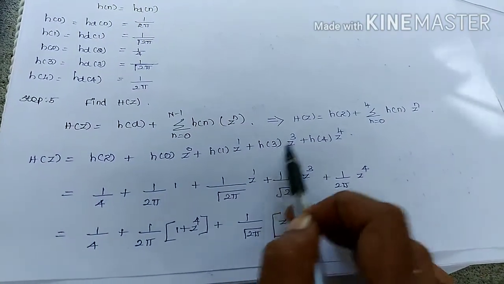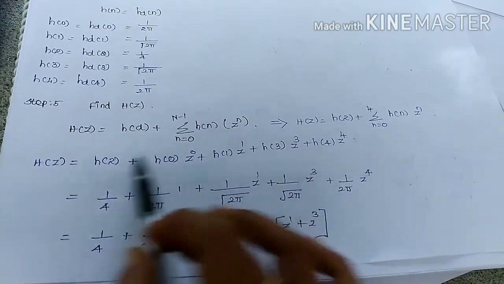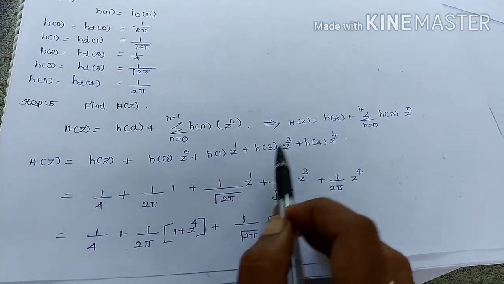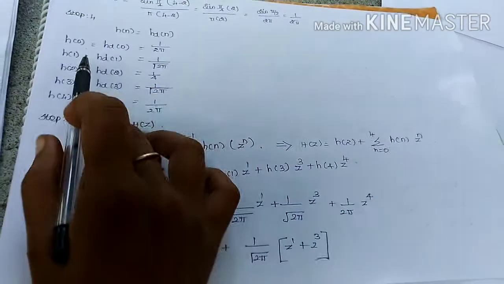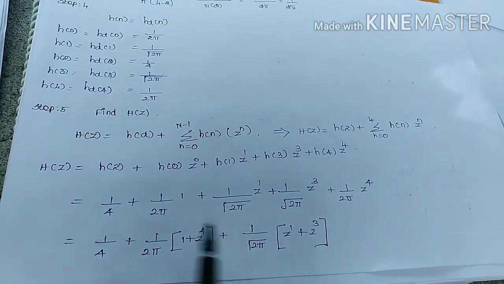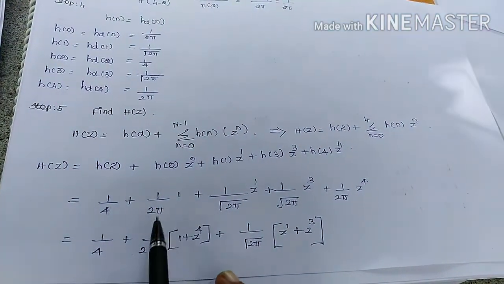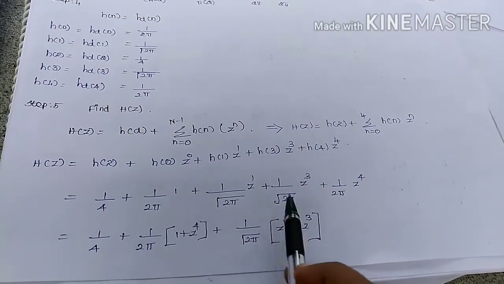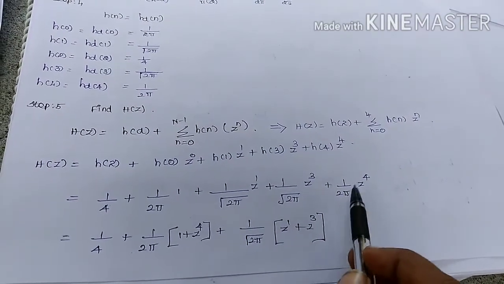Then h of 3, h of 4. Okay. So here we know the values of h of 2, h of 0, h of 1, h of 3 and h of 4 from the previous step. So we know all the values. I just substitute all these values. I will get 1 by 4, 1 by 2 pi, 1 by root of 2 pi into z power 1, 1 by root of 2 pi into z power 3 and 1 by 2 pi into z power 4.